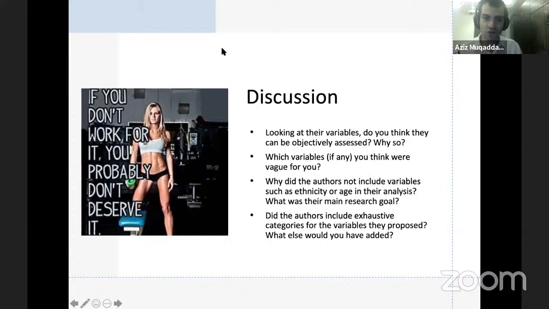If you see some variables that are still not very objective, you can tell us why. Which variables were vague for you, or did you not understand? And why didn't the authors include variables such as ethnicity or age in their analysis? There could be other variables to include, so why did the authors not include them? And can you think of other categories in each variable? Aside from the variables, would you have added other categories, right?